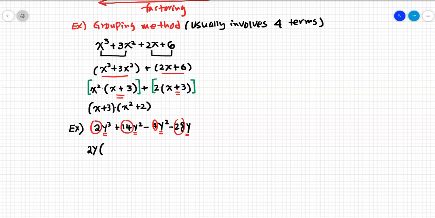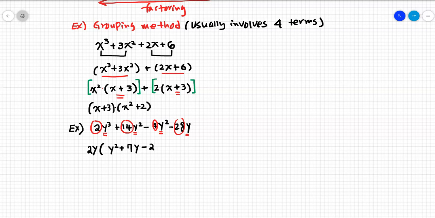Then we are going to rewrite the rest of them. If I take out the 2y from the 2y cubed, I'm going to get y squared. Now for the second one, I have 14y squared, and I took out the y and the 2, so that will give you 7y. Minus, now the third one is going to be 4, so you took out the 2, so that's going to be 2.